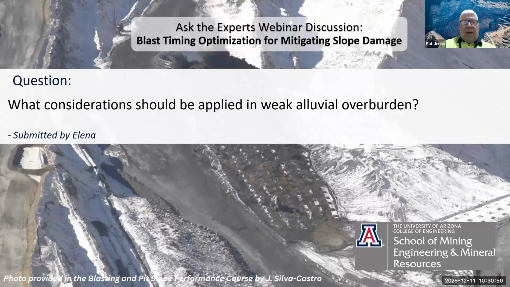Because one of the negative outcomes of shooting in that alluvial material is that you can create blast-induced voids that then become a different type of hazard. So those are some things to consider.